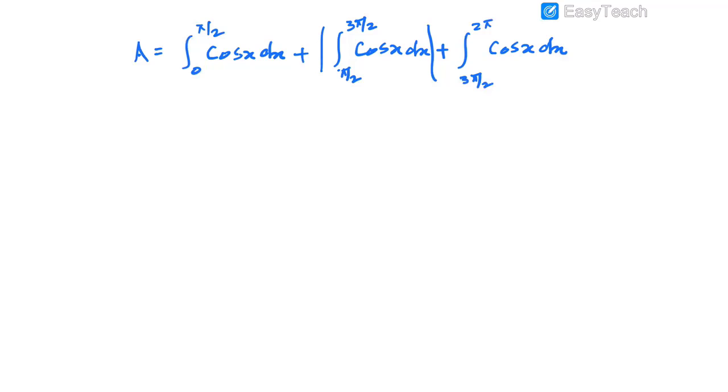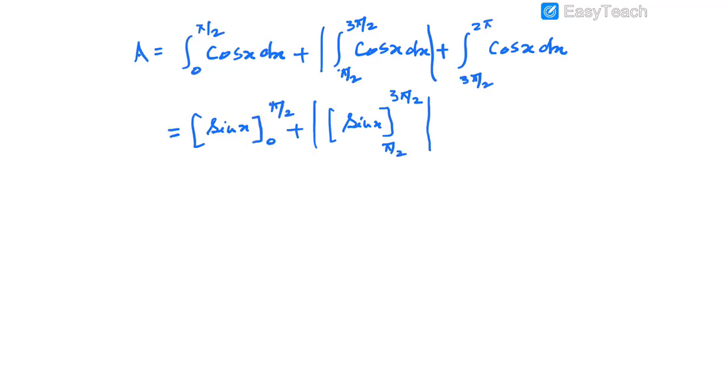Now the integration of cos x is sin x. So sin x with limits from 0 to pi by 2, plus again the integration of cos x is sin x, so we put this in mod: mod of sin x from pi by 2 to 3 pi by 2, plus again the integration of cos x is sin x, so we write here plus sine x from 3 pi by 2 to 2 pi.